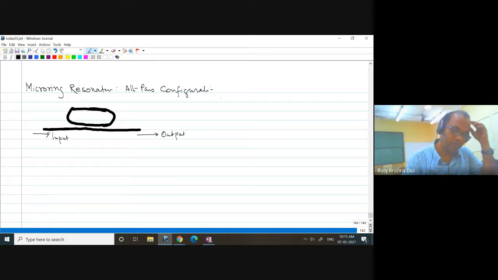We derived the transfer function from input to output considering several parameters like through coupling.